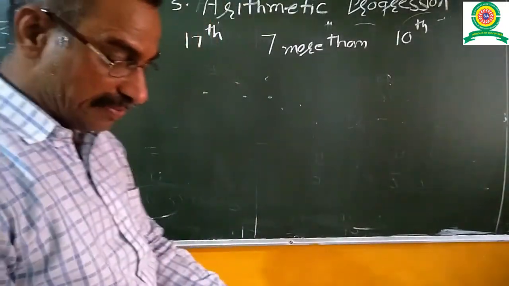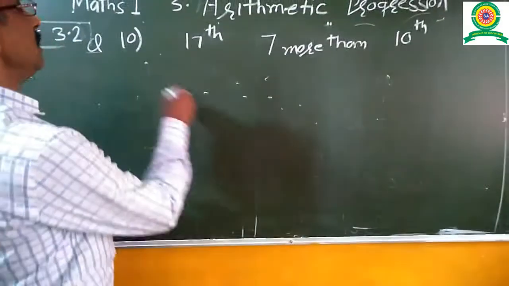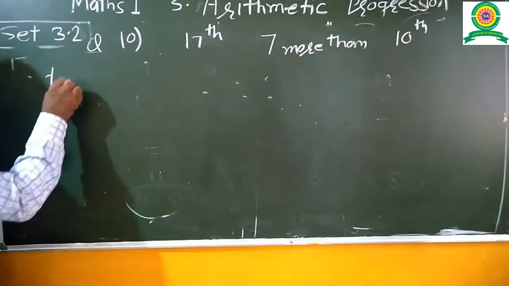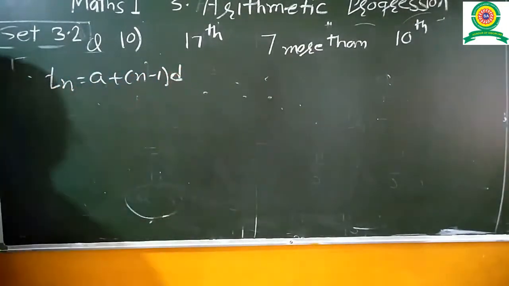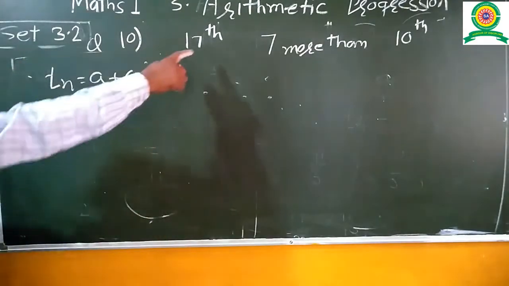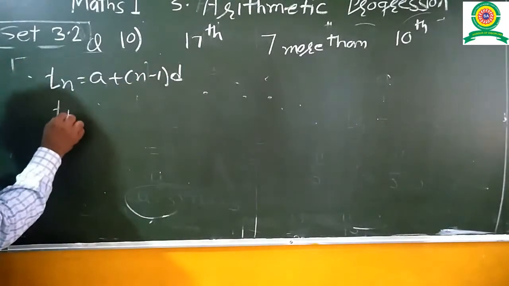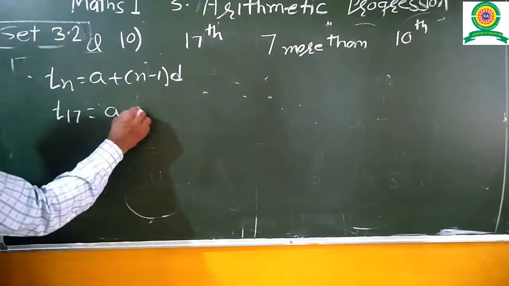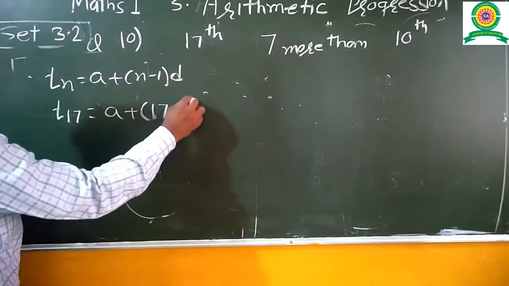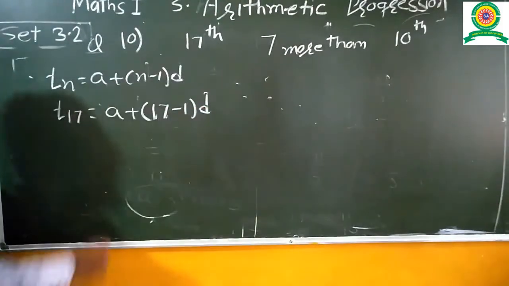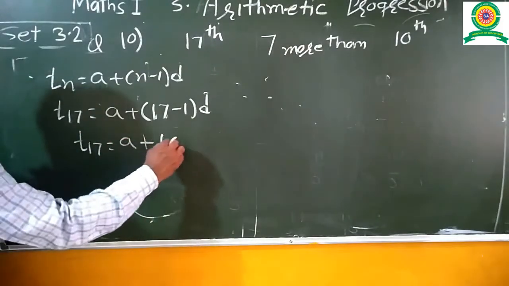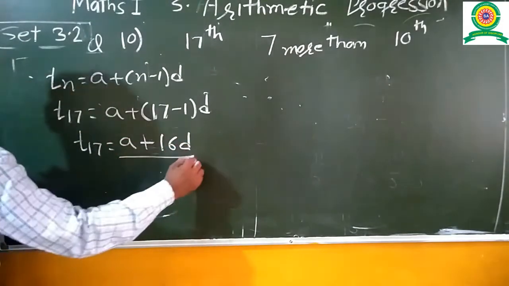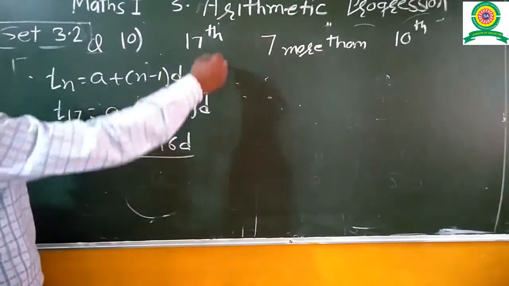Firstly, we are again using the formula, which is very important: Tn is equal to A plus n minus 1 into D. So the 17th term, T17, is equal to A plus 17 minus 1 into D, which is A plus 16D.